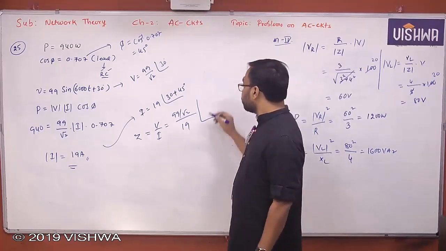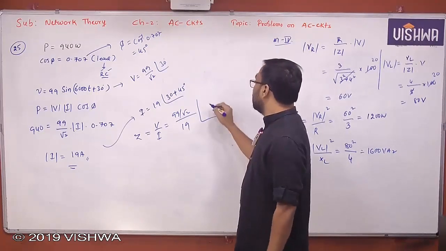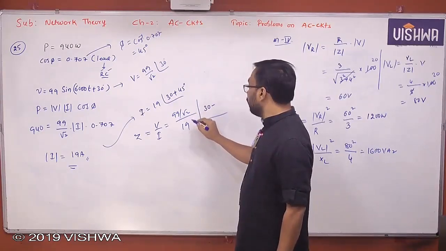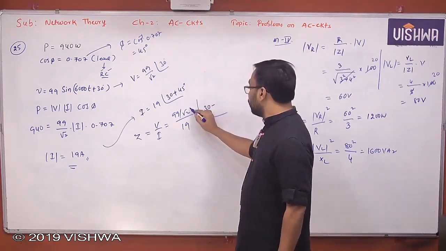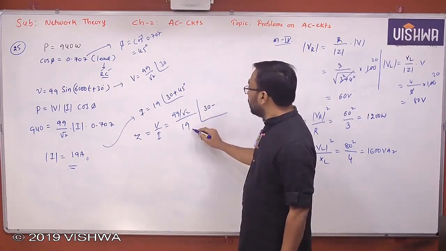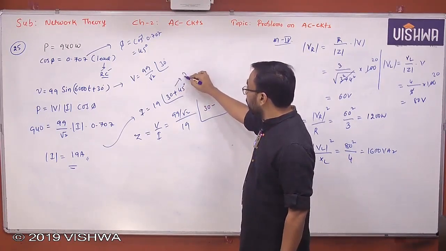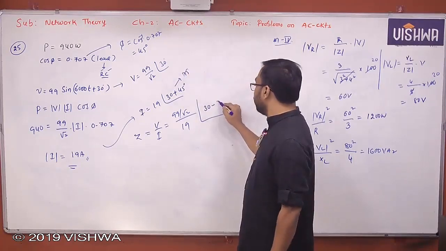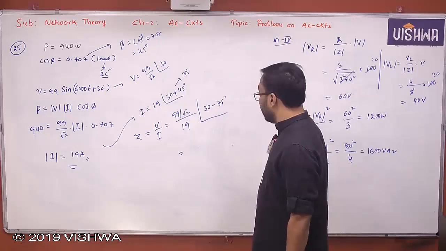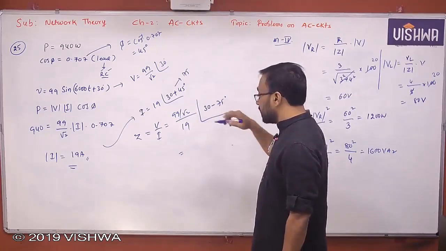Now what do you get here? This is at an angle of 30, this is at an angle of 75. So 30 minus 75. So 99 by root 2 by 19, at an angle of minus 45.